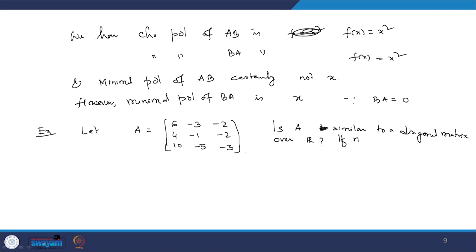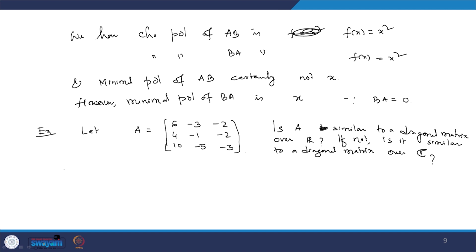If not, is it similar to a diagonal matrix over the complex numbers C?